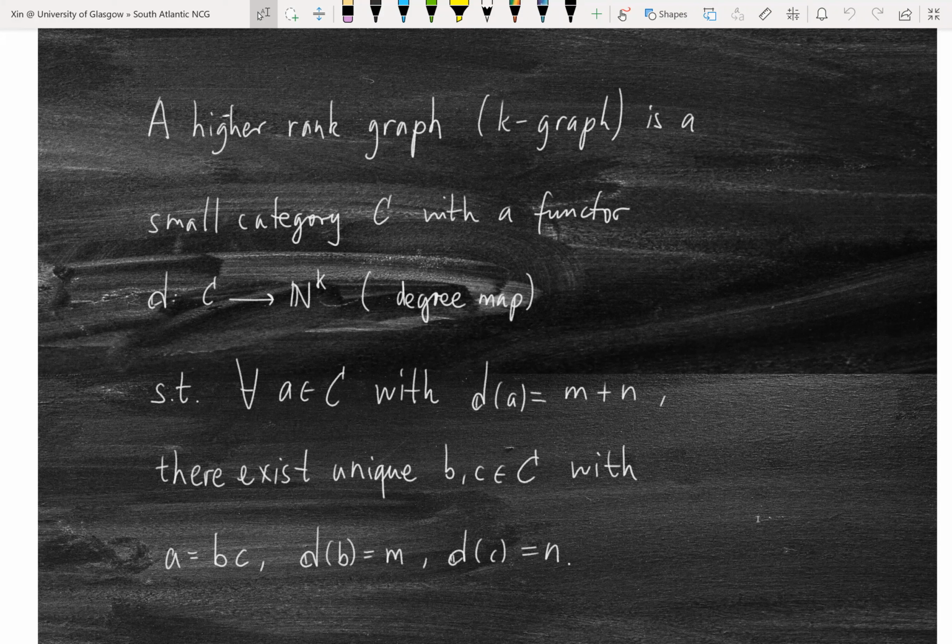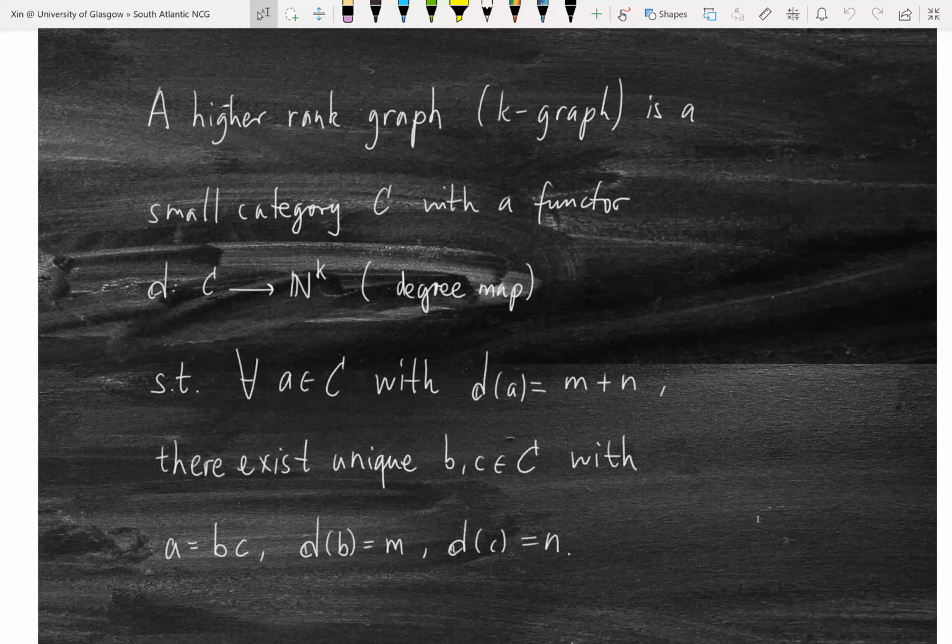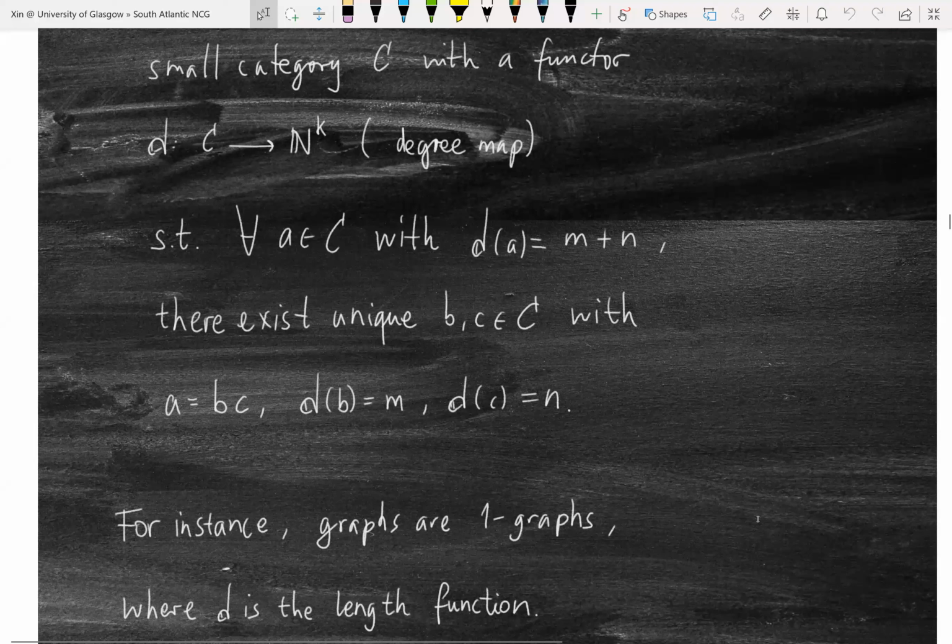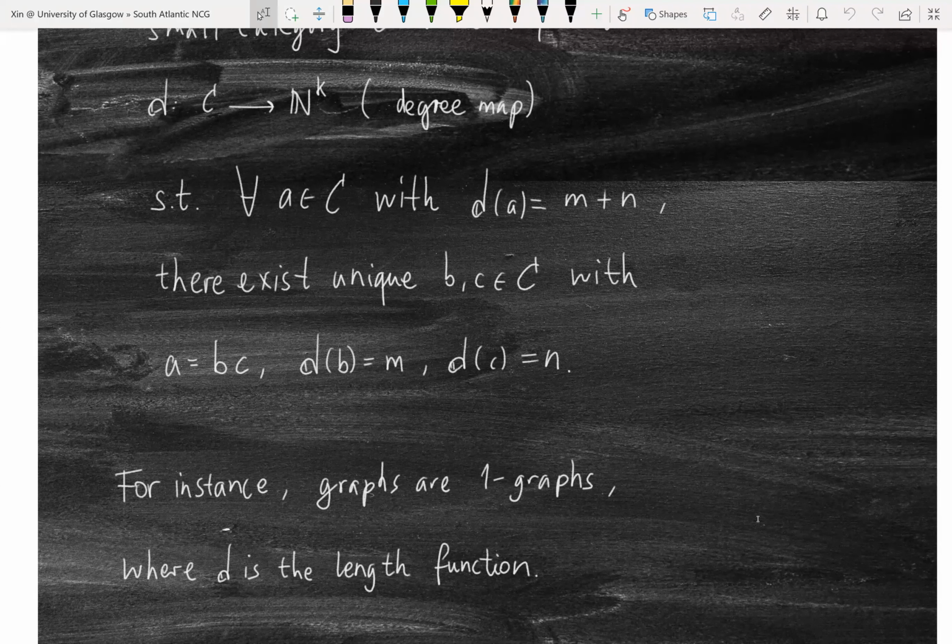Right. So this is the precise definition, but let me give an idea how to think about these. The first thing is that ordinary graphs are 1-graphs, where k is equal to 1. If you take an ordinary graph and go over to its category of finite paths, then there is a canonical degree map, which is just the length function for paths.